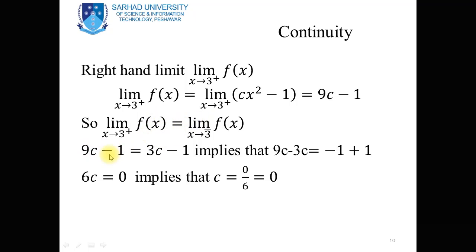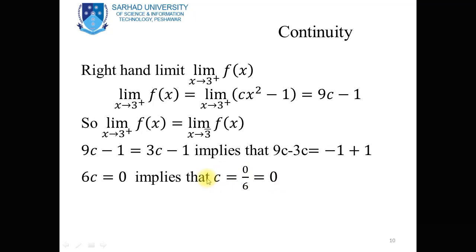So 9c minus 1 is equal to 3c minus 1, which implies 9c minus 3c minus 1 plus 1 is equal to 0. So 6c is equal to 0. Dividing both sides by 6, we obtain c is equal to 0 by 6, which is equal to 0.